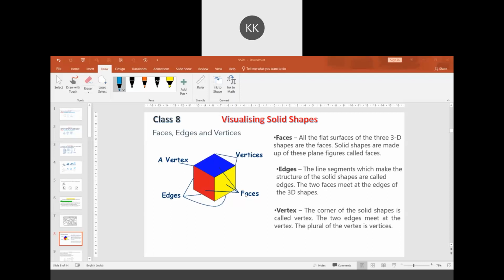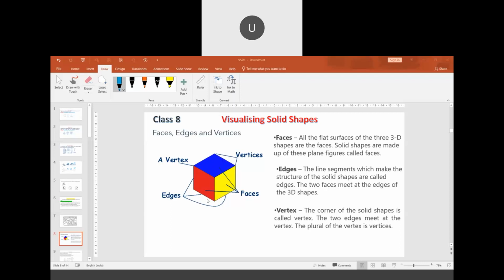For this particular figure, how many edges are there? There are 12 edges. Edges are the ends of these faces. For one particular face, there are 4 edges.